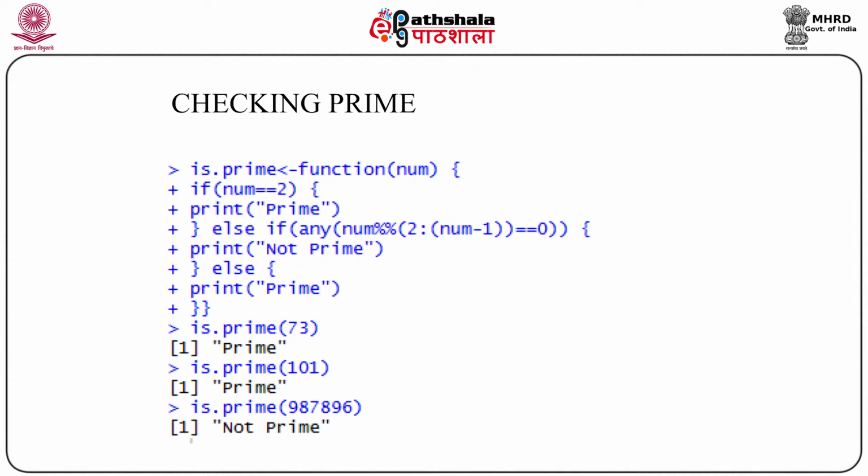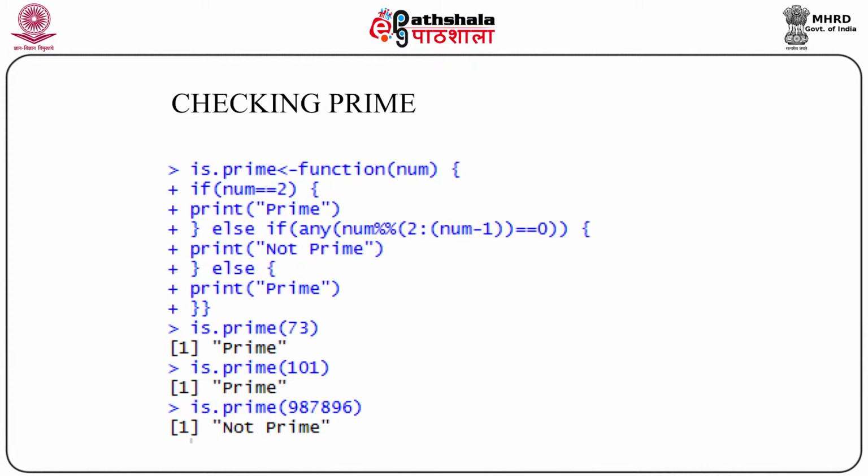In these cases, if the remainder is equal to 0, that is, if it is divisible by any of these numbers, print not prime, and else print prime, because it is not divisible by any of these numbers. So, this is how the is.prime function works.